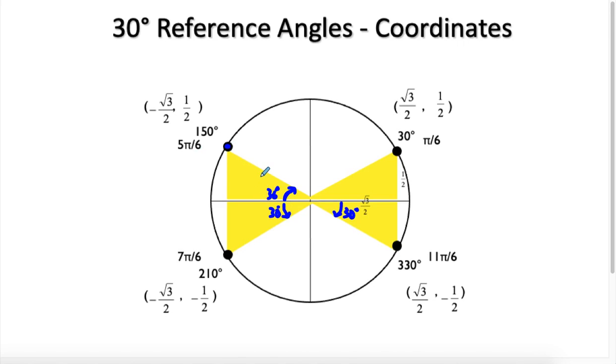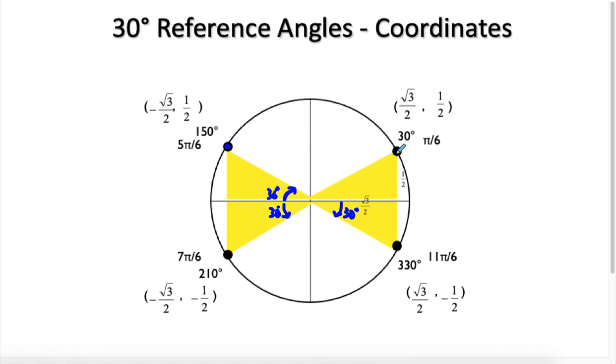So pi minus pi over 6 would get me an angle of 5 pi over 6. Okay, so in terms of the coordinates then, if all I'm doing is taking this and reflecting it over the y-axis, the y coordinate will stay the same, and the x coordinate will just become negative.